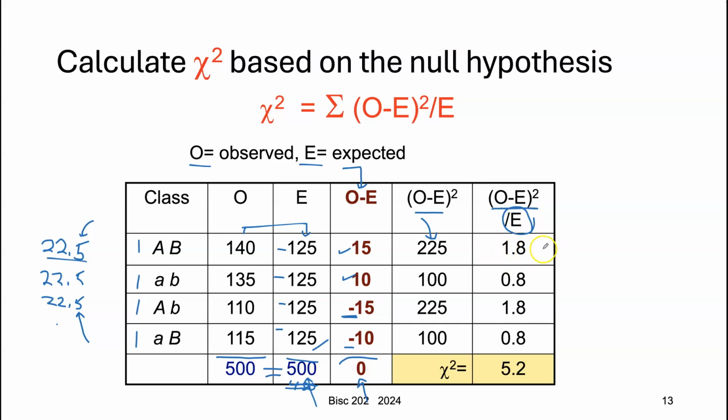And so then you make a calculation for each of the categories that you're testing, and then you add it all up. So for the whole experiment, that's your chi-squared. And if I have done the calculations correctly here, the number should be 5.2, right? Okay, so that's the calculation. Note that when you do it in a table like this, you have a built-in place where you can check that you're making your calculations correctly.